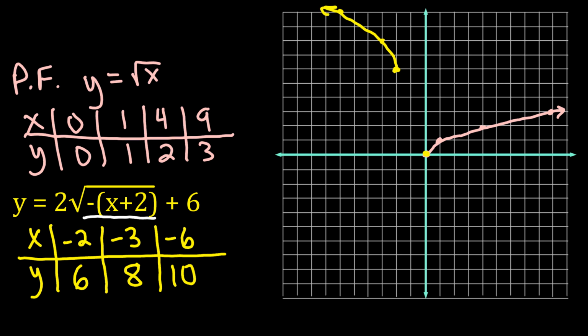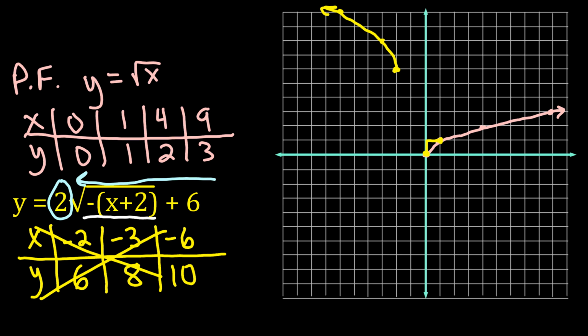All right, and so once again, we could do this without the table. We don't really need that table. If you notice, to go from the first point to the second point on the pink graph, it's up 1 over 1. Now, it's not really a slope of 1 because it's a curve, but instead of going up 1 over 1, this 2 out in front here, that is a vertical stretch.